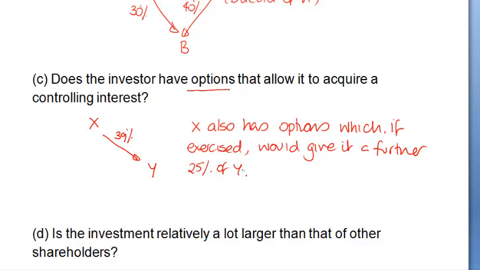But in this situation, if we exercise our options, and all we have to do is to threaten to exercise, let's say that company Y does something that we don't like. And X says, well, I don't like that very much, and company Y says, well, we don't care, because you don't own a majority of the shares.